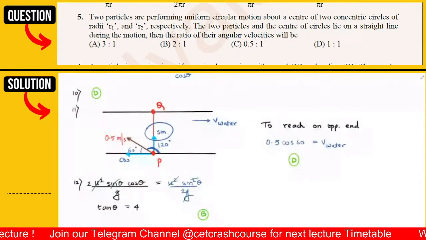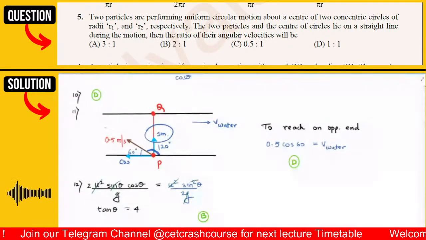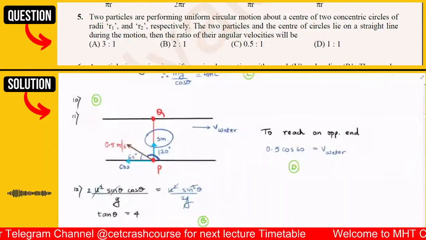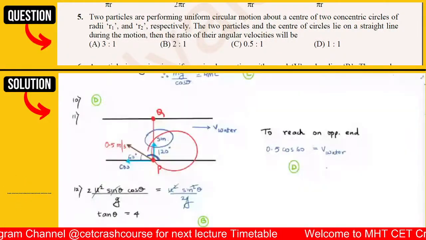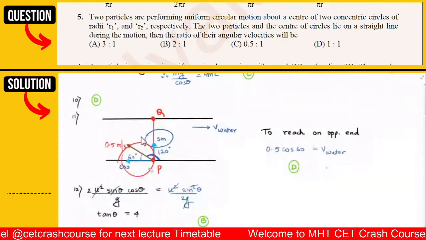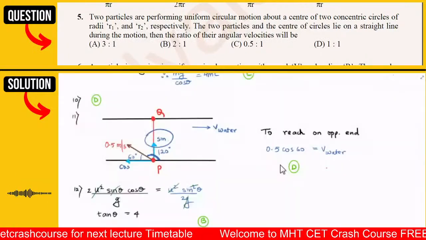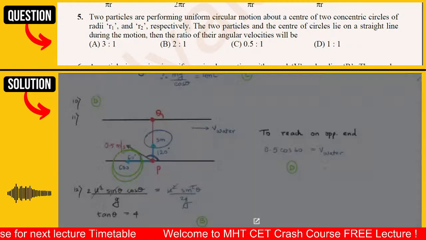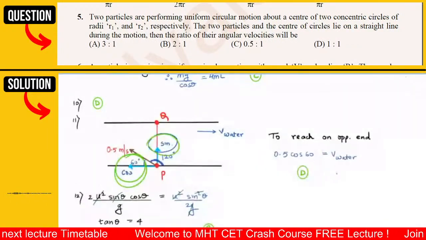Look, beta. This is 0.5 meters per second. And this angle is given to us as 120 degrees. So the other angle is 60 degrees, simple geometry. So we can resolve it into two components. Do you agree that this component will be the cos component and this component will be the sine component, beta? Yes or no?